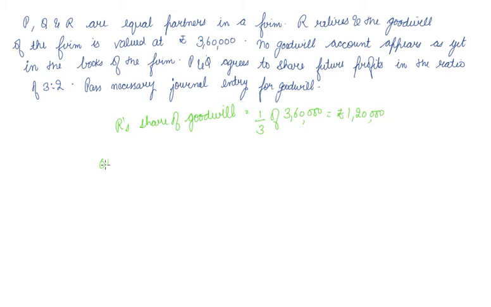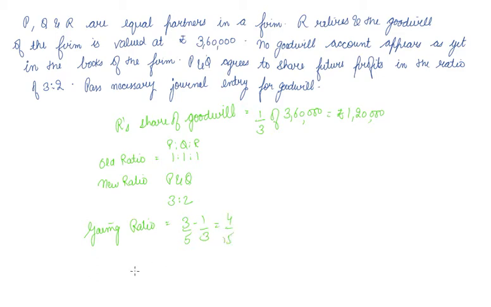Now old ratio is 1:1:1 among P, Q and R. New ratio of P and Q is 3:2. So let's find out the gaining ratio, that is new ratio minus old ratio.